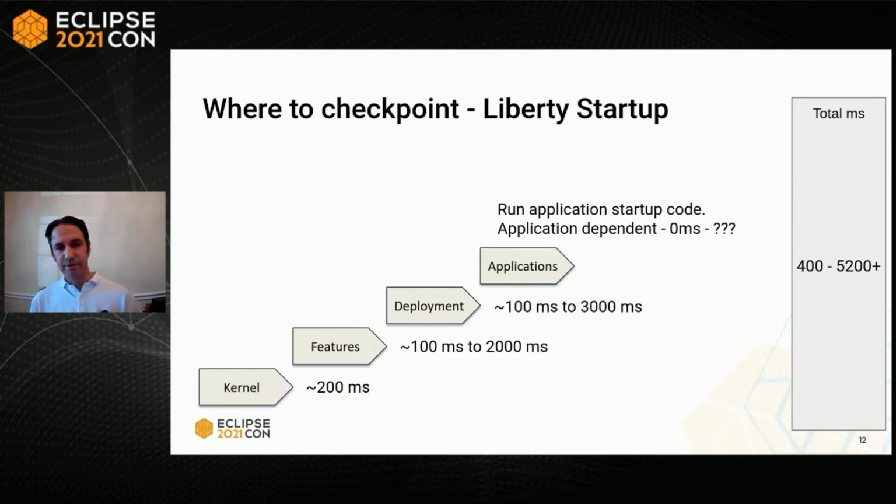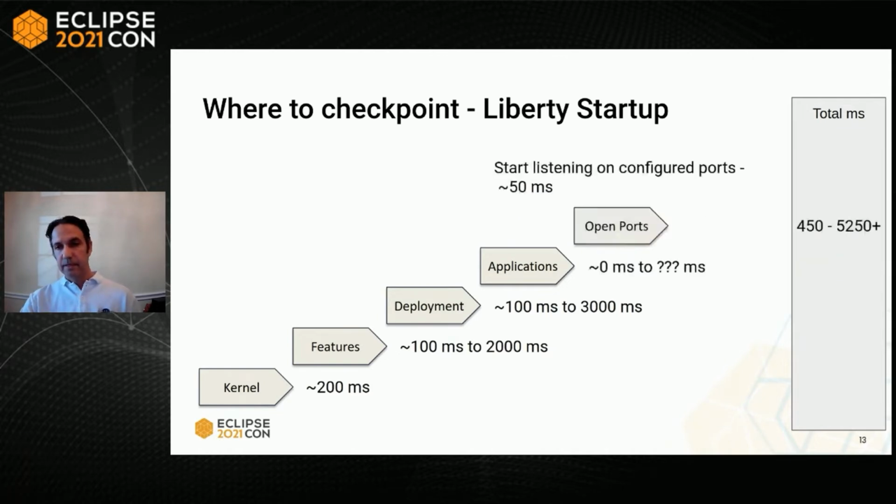That pingperf example that I did has zero application startup code. But other things like a Spring Boot application are going to have a very significant amount of startup code. And then finally, after the applications have started, this is where we open the ports and start listening to incoming requests. That happens pretty quick, 50 milliseconds or so.